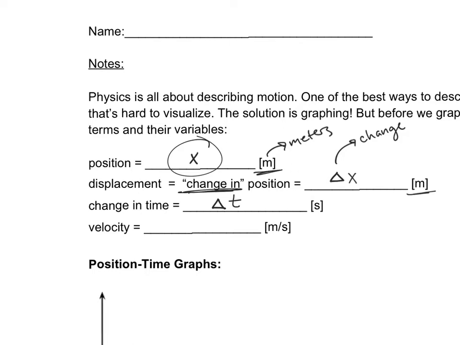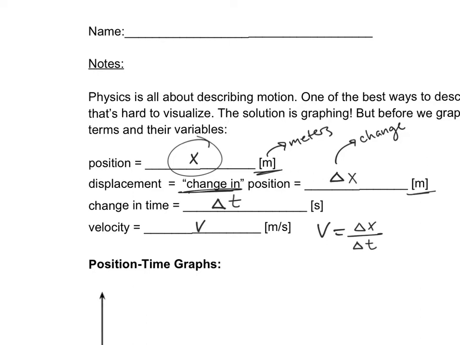It is the variable v, and it's measured in meters per second, because it's how many meters you would go in 1 second. And the equation for velocity, which we looked at yesterday and you may have seen before, is velocity equals delta x over delta t. You're not actually going to be calculating anything with that particular equation at this time, but we're going to see how it relates to these graphs here in a minute.